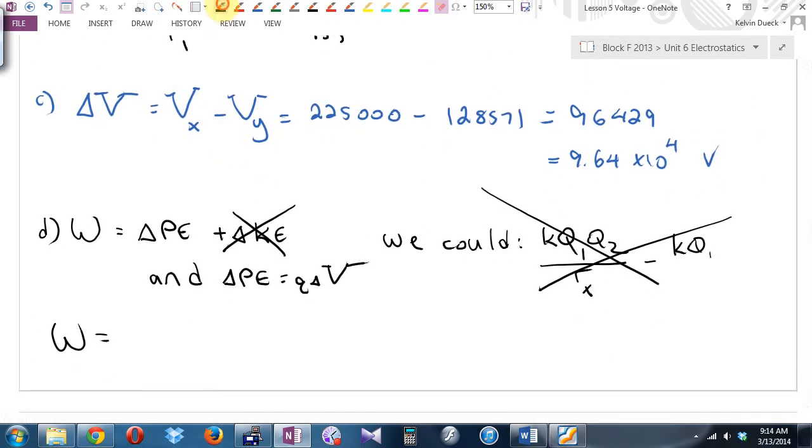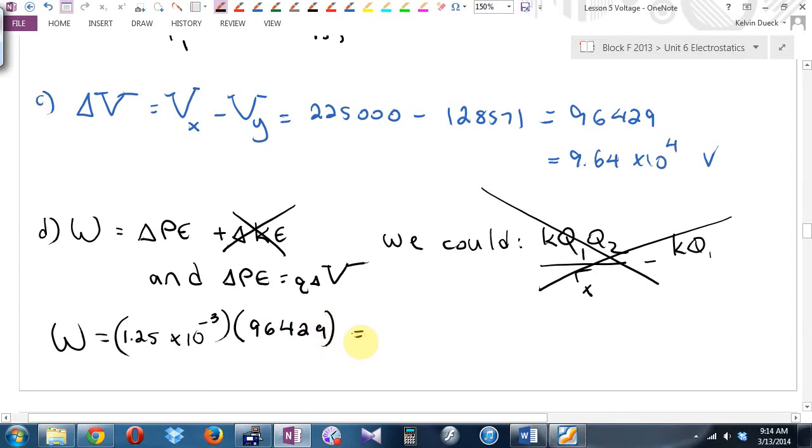So that's going to be 1.25 times 10 to the negative 3. And the change in voltage was 96429. I don't need to go find the potential energy from both charges at each location.